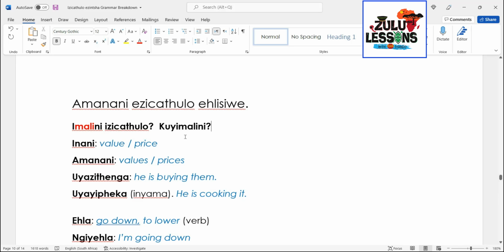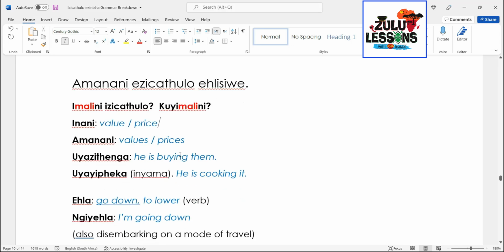But how much is this? Or how much is it? So kuyimalini, imalini. And if you look here, what I've highlighted in red, mali is imali, so money. So how much money does it cost, basically?